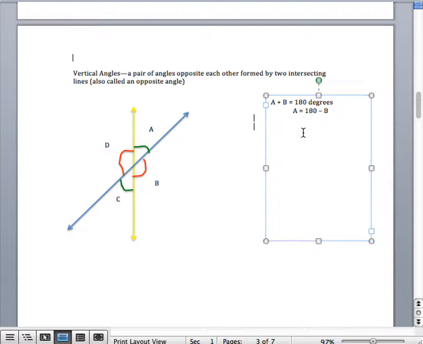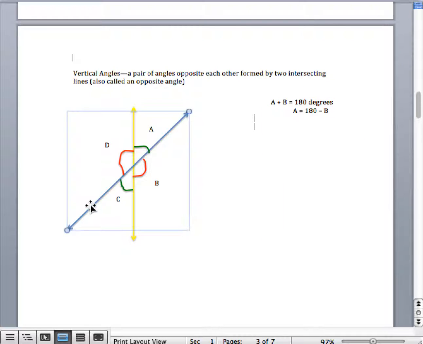So now let's take a look at this line right here, our blue arrow. Well, C and B both rest on this blue line, right, underneath, as do A and D. But let's look at B and C. If they both rest on this blue line, that means B and C must equal 180 degrees, because that's the same thing we just said for A. You'll just have to tilt your head a little bit.